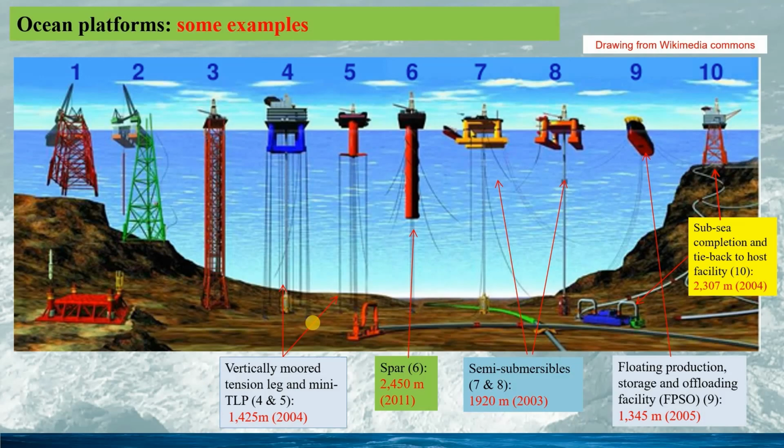Now we can see some TLPs are being used for offshore floating wind turbines, but the basic question is how we can reduce the initial cost of such floating wind turbines. In addition, for such a mooring system, the water depth is an important factor.